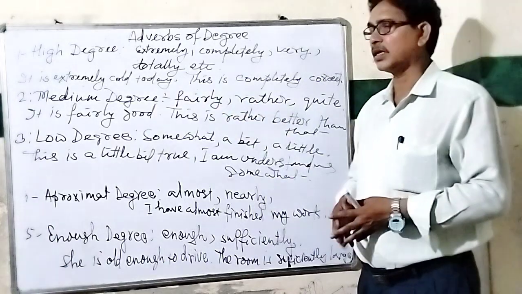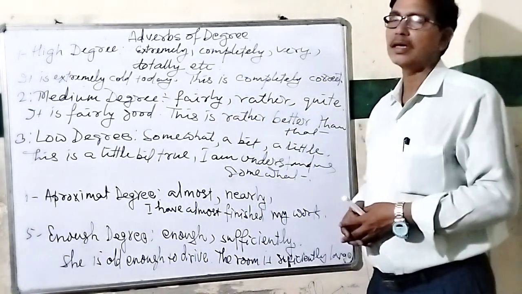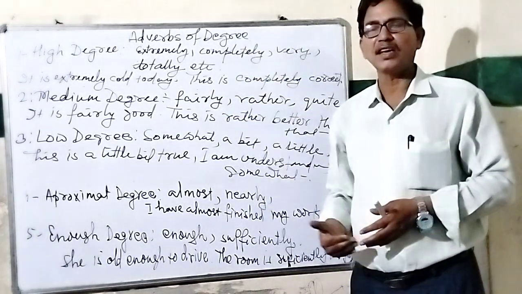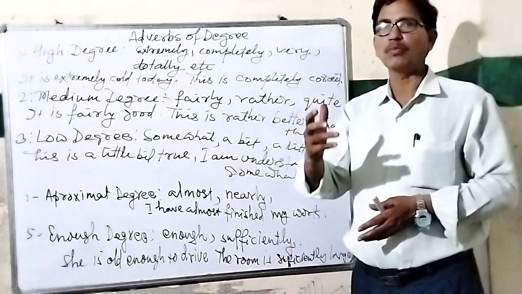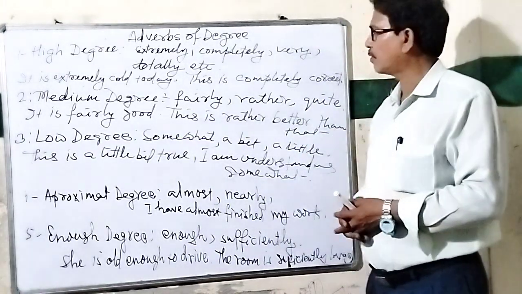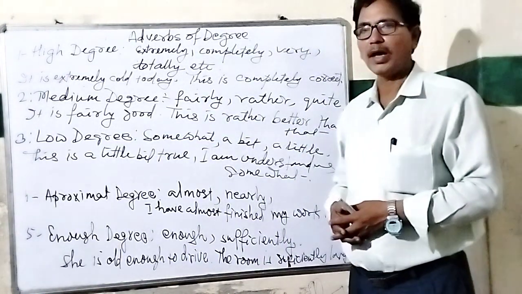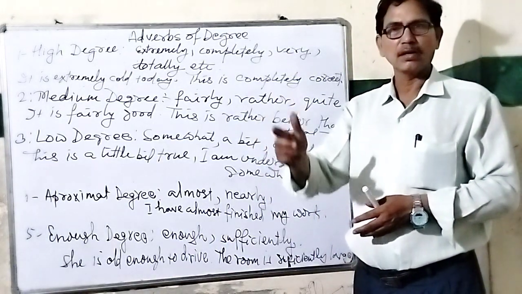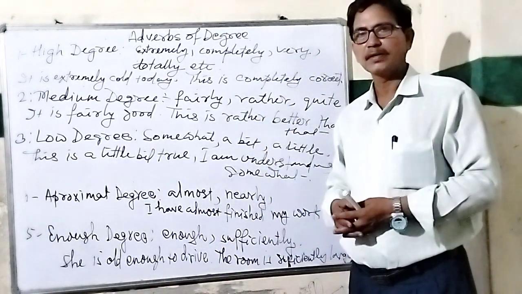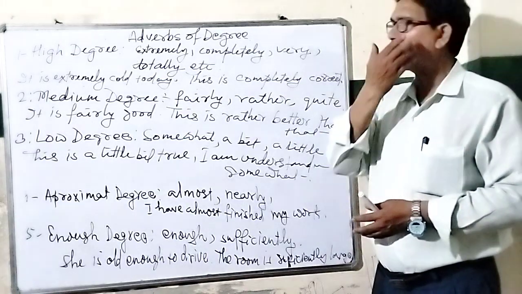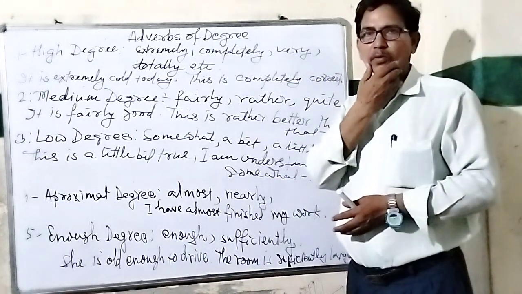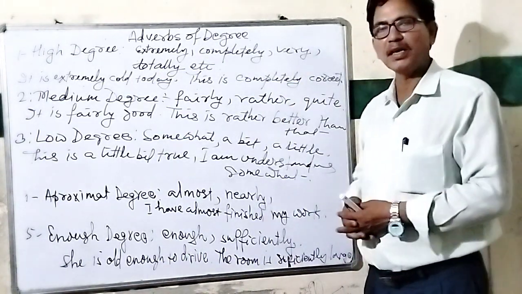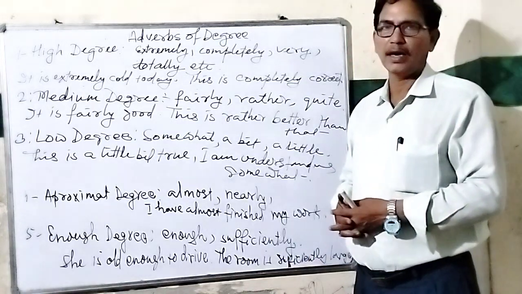Number 2, medium degree. Medium degree, not very high, not very low. If we want to modify something: fairly, rather, quite. So this is quite correct. So quite is not perfectly correct. If we use perfectly or completely, that will be high degree.